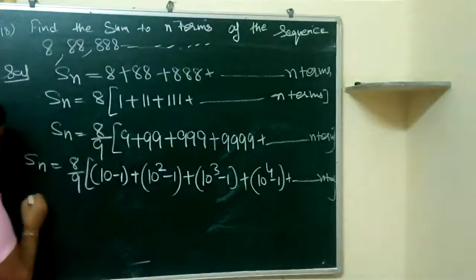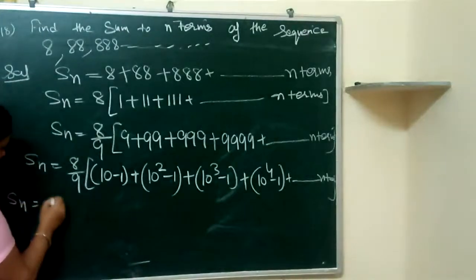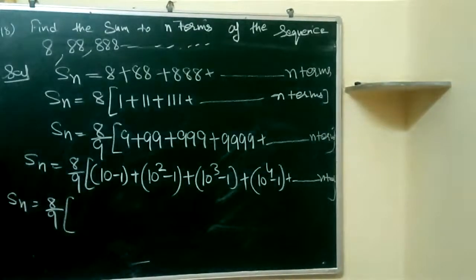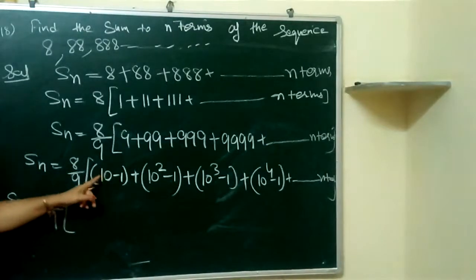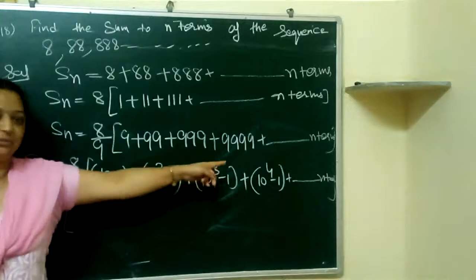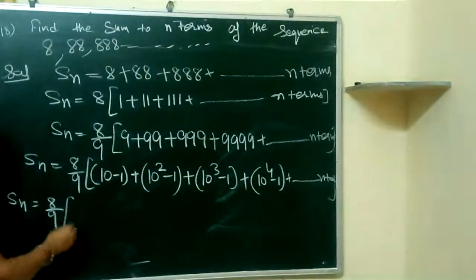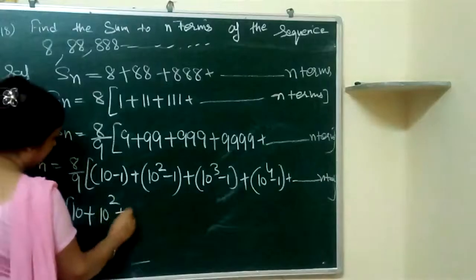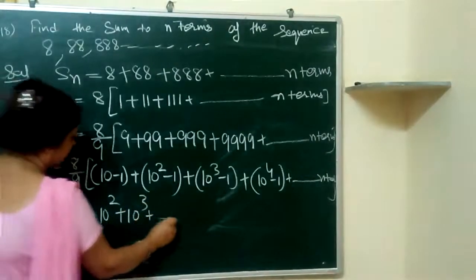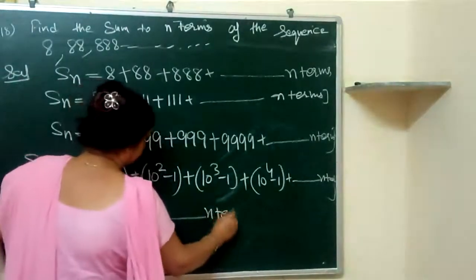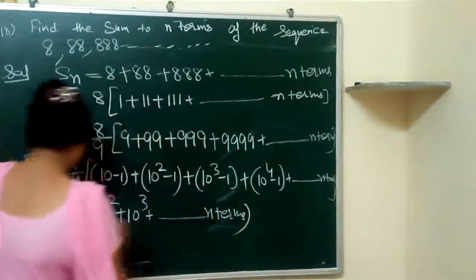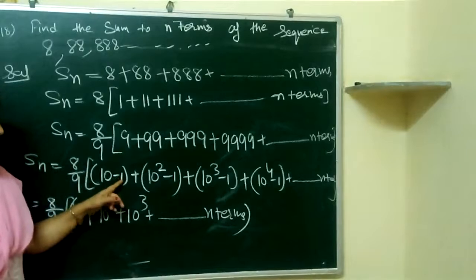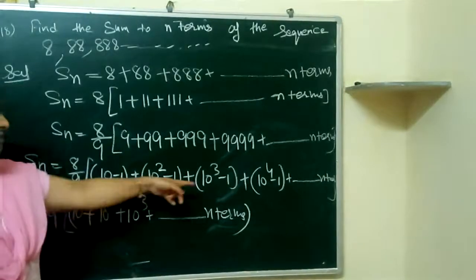After that Sn equals 8 upon 9 into the GP: 10, 10 square, 10 cube, 10 raised to power 4. We combine this as 10 plus 10 square plus 10 cube plus up to n terms, take it in the bracket, and then minus 1, minus 1, minus 1.